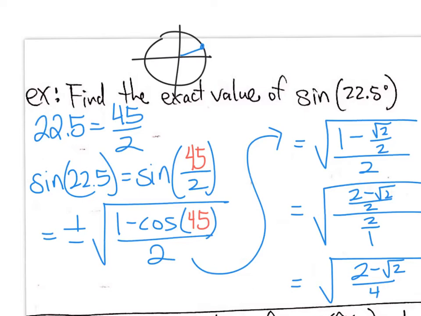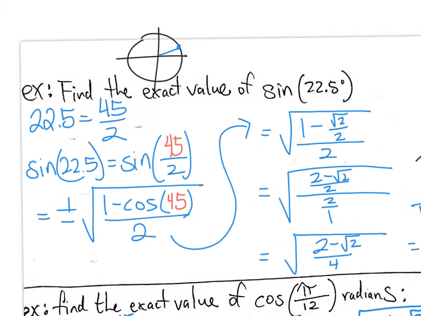So the value for sine, which is y, is obviously going to be positive. So you see how I did away with the positive and negative because we know it's going to have a positive value. Alright, so 1 minus cosine of 45 degrees. We know that the cosine of 45 degrees is root 2 over 2 using our unit circle skills. So there, that's our number.